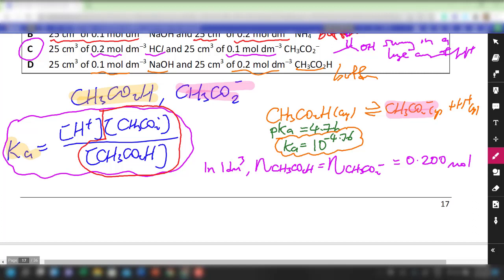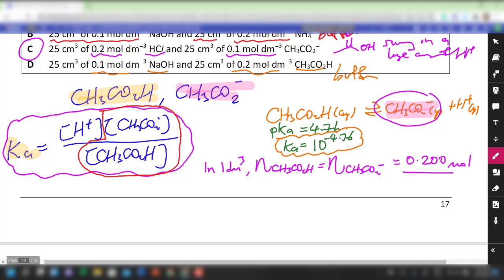Because the amount of ethanoate is the same as the amount of ethanoic acid, the ethanoate present will suppress the ionization of ethanoic acid. So despite adding 0.2 moles of ethanoic acid and ethanoate into the solution, each of them will not ionize or hydrolyze to a significant extent. Therefore, at equilibrium, you can approximate the amount remaining in the solution to 0.2 as well.